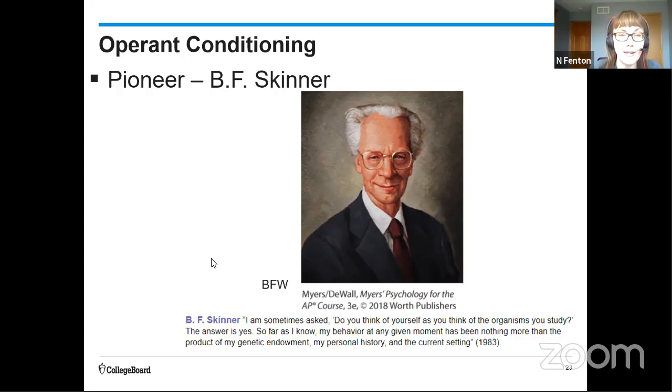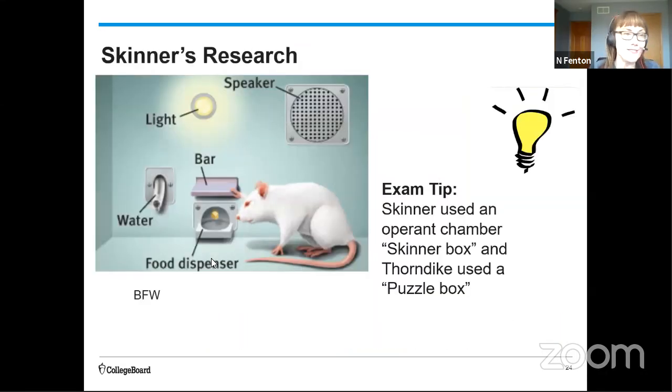If previous behavior was punished, less likely to repeat it. And Skinner had a little bit more sophisticated device than the cat's puzzle box. He had what was called an operant chamber, except everybody calls it a Skinner box. So a Skinner box is kind of a really high-end version of a puzzle box. It has a lot more bells and whistles.